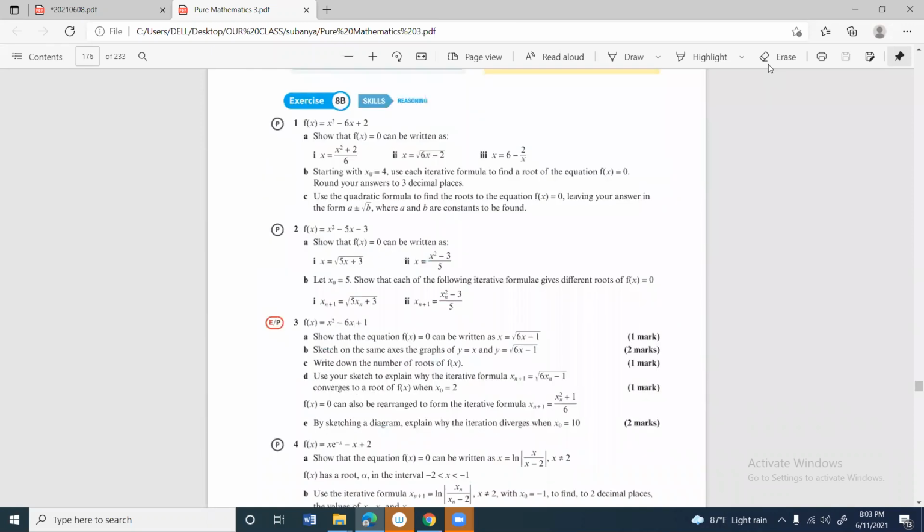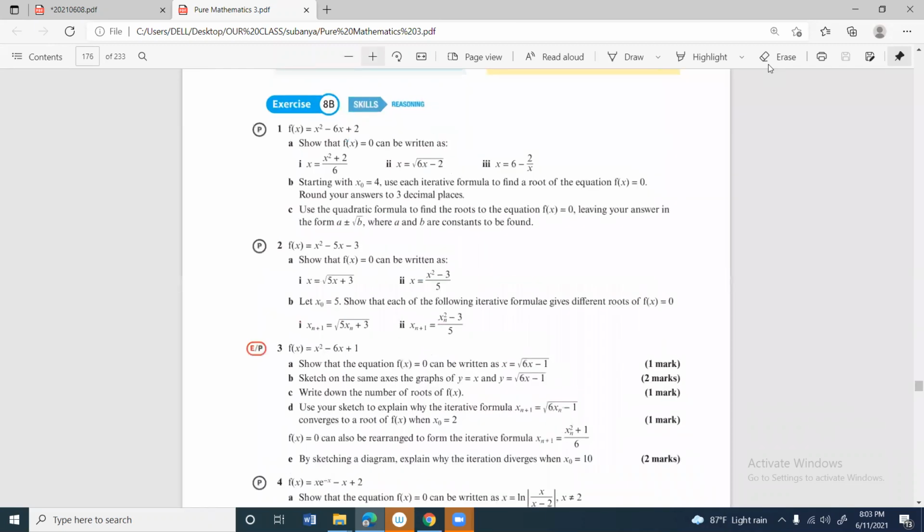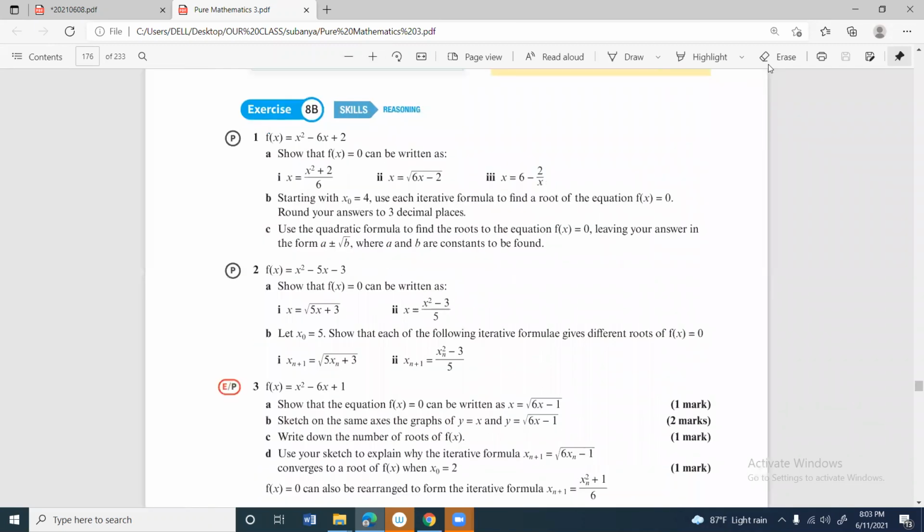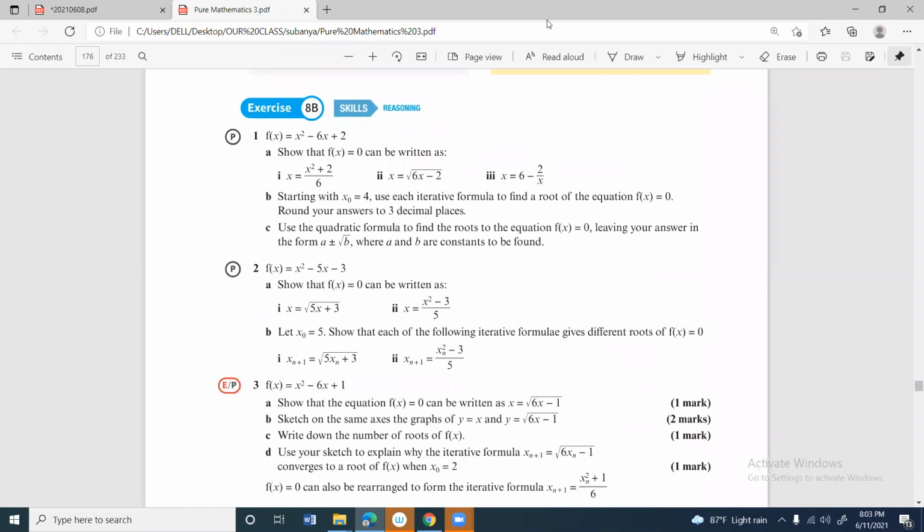Let's go ahead with this question. The first part is f(x) equals x squared minus 6x plus 2. Show that this answer. Let's see how to do this part. I need to show x squared plus 2.